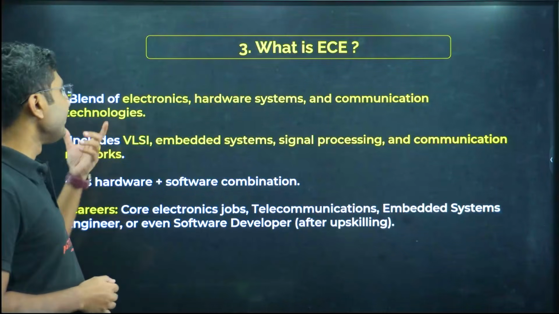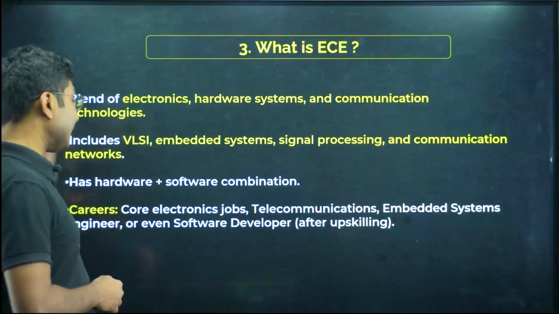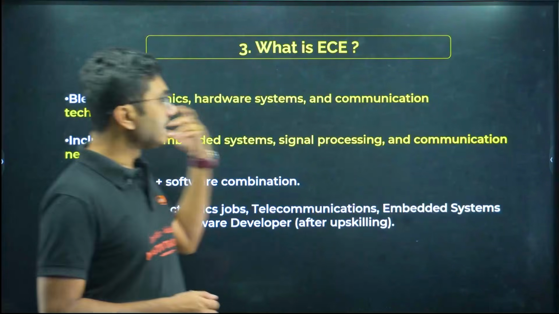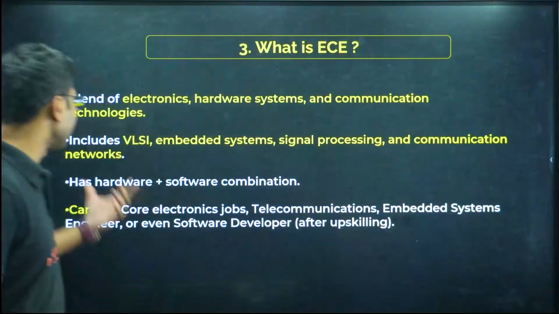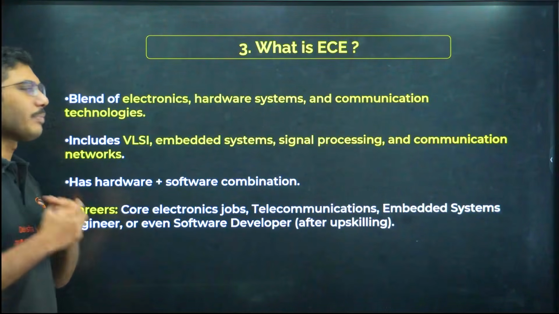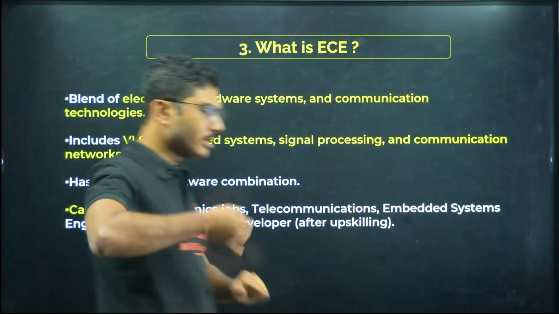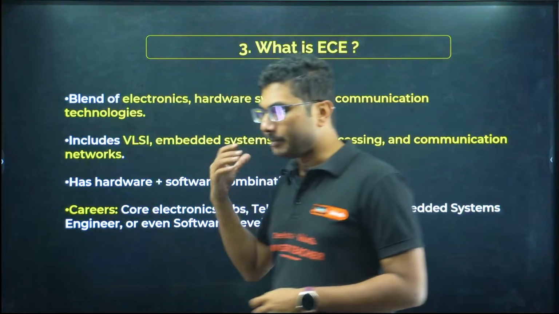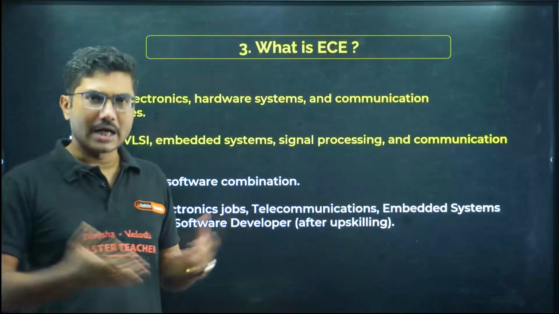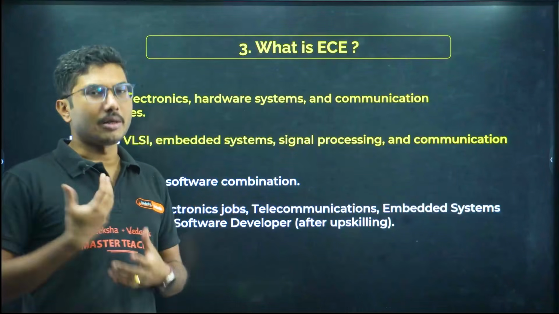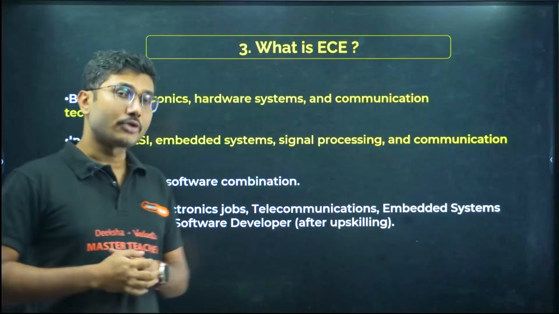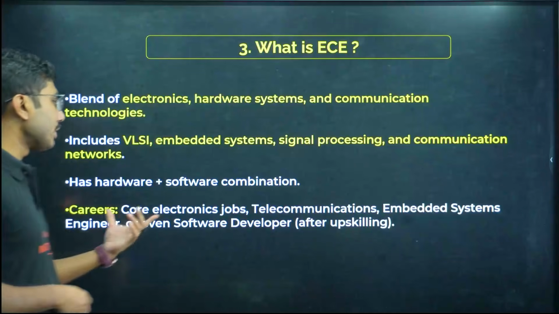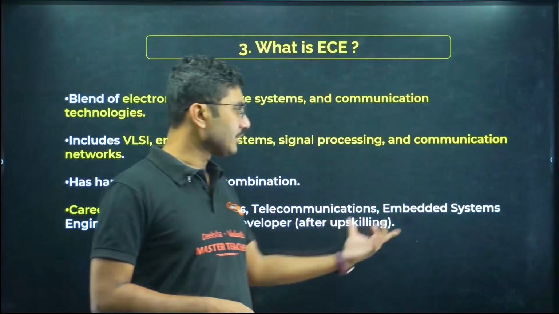So it includes VLSI, very large scale integration, embedded systems, signal processing, and communication networks. Okay, it has a hardware plus software combination. So it will not only be hardware. If you are studying ECE, only pure electronics engineering is hardware only, but electronics and communication requires knowledge of software as well. So core electronics jobs, telecommunications, embedded systems.